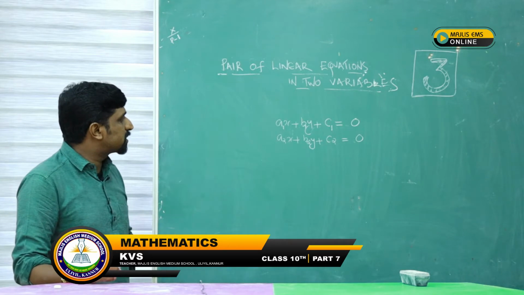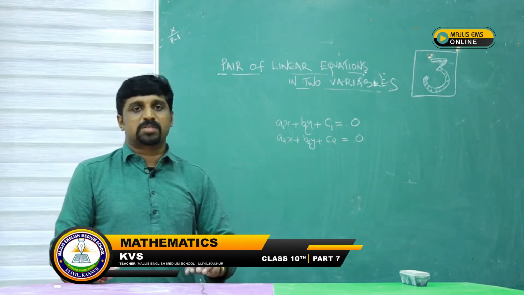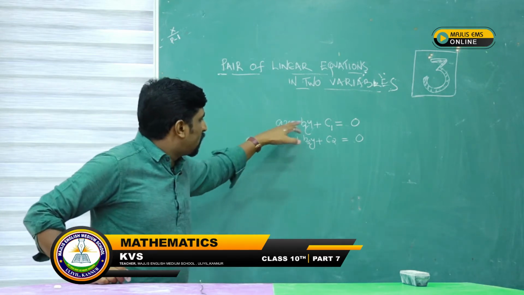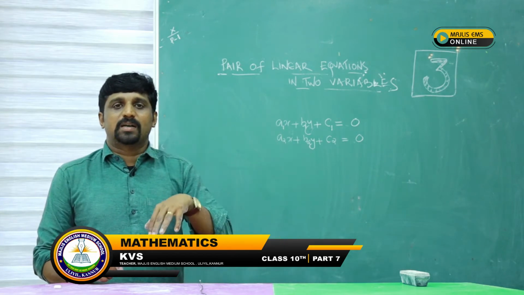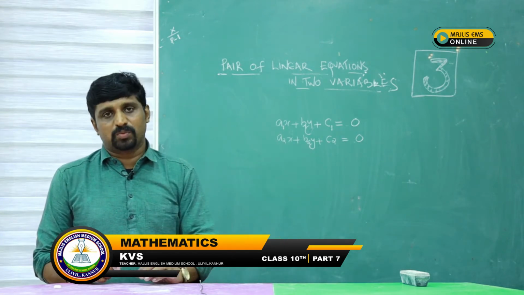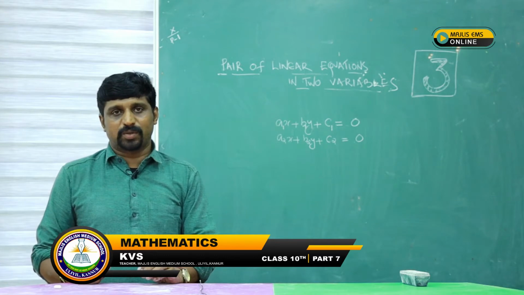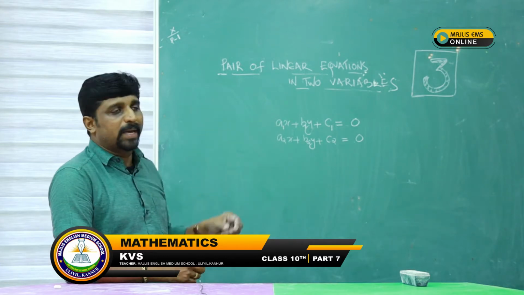The subscripts 1 and 2 denote the first equation and the second equation. Okay, so this is the standard form of a pair of linear equations.